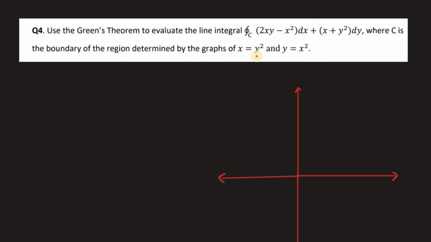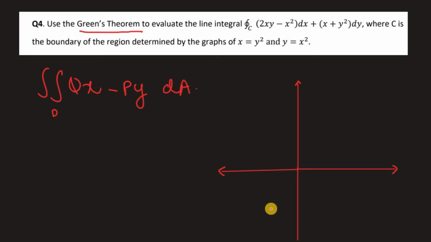For Green's theorem, if you don't know the formula, let me give it to you. You integrate q x minus p y over your domain, with dA. To find the region you will need to graph these two equations and figure out the region.